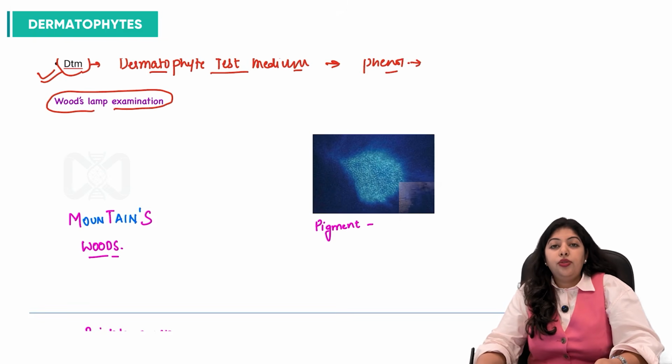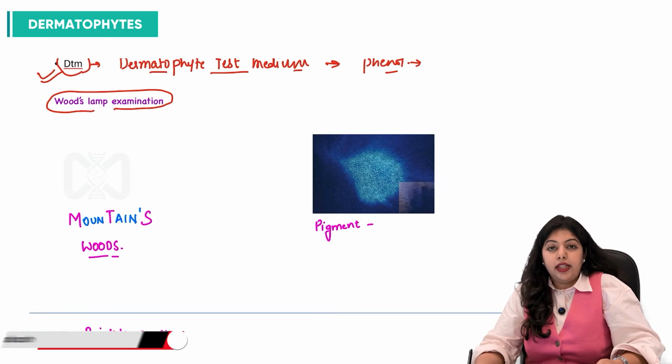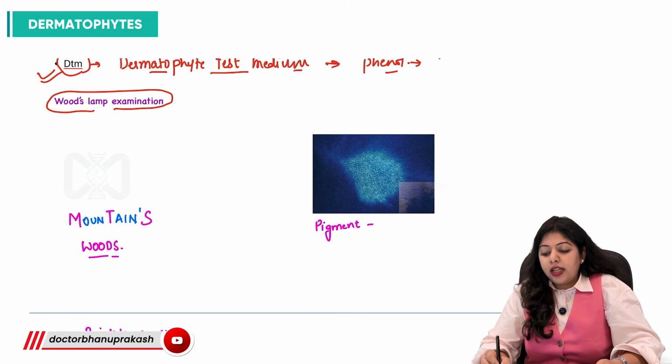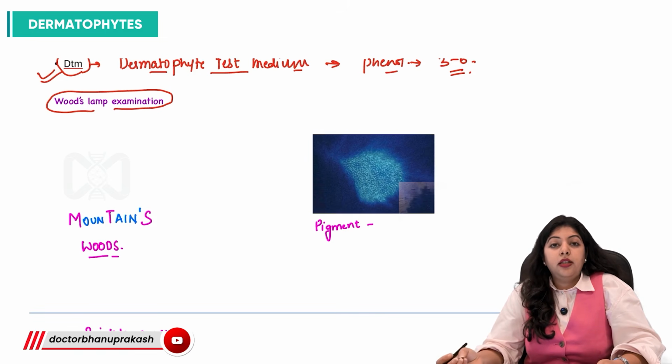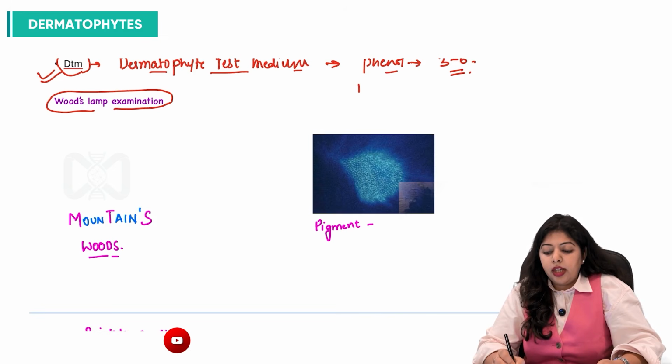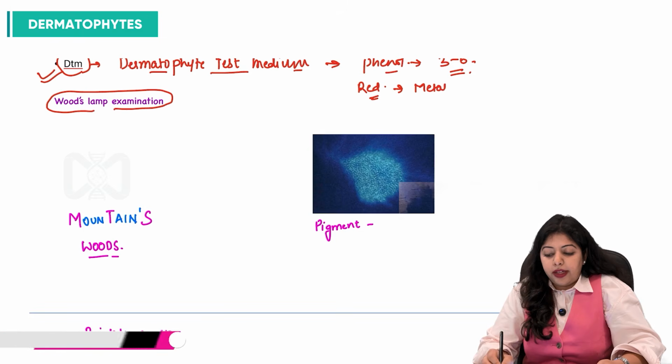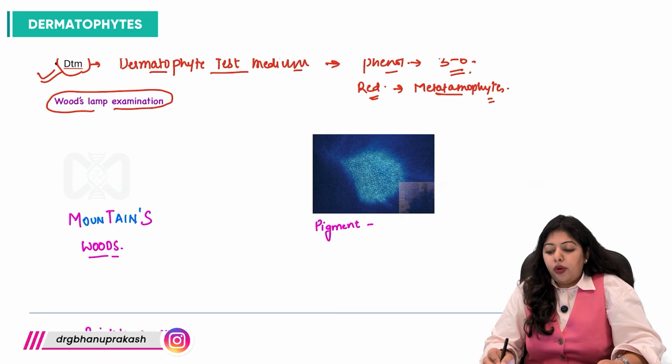Because of their metabolic activities, in around 3 to 6 days, these dermatophytes are going to impart the pigment to the phenol red. So the medium turns red because of the metabolic activities of dermatophytes, right?